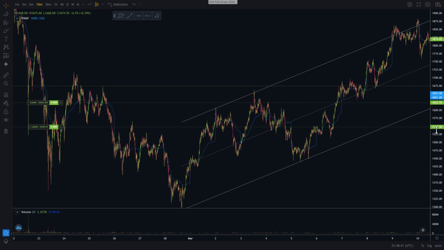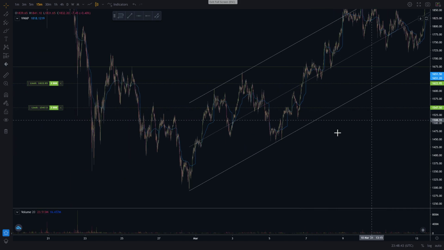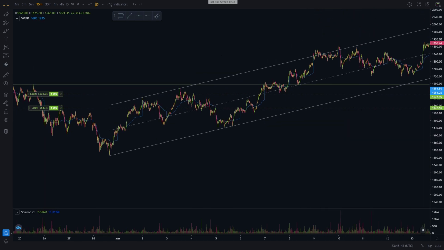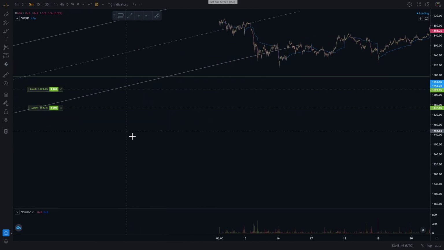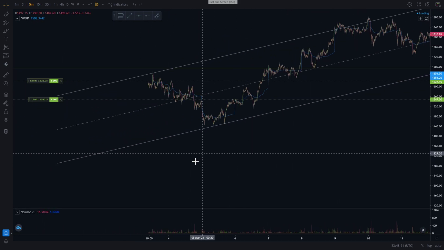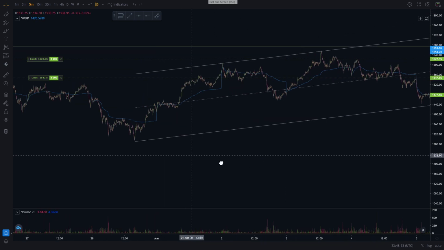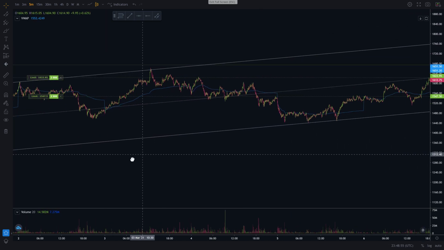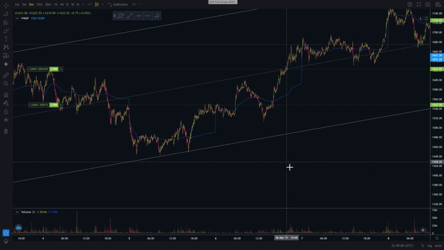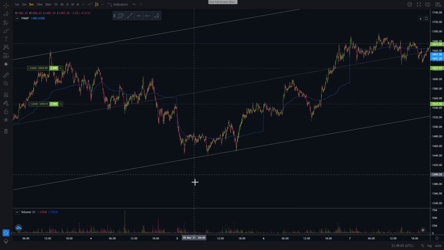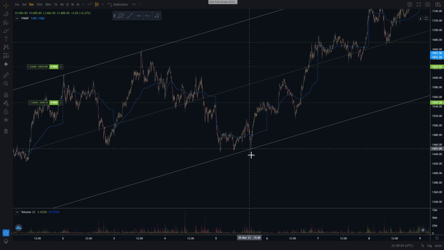I'm marking trend channels on the higher time frame, but of course I'm trading from lower time frames, so I can catch nice entries. As we formed the low here, from this moment in the chart, we can start trading the channel.